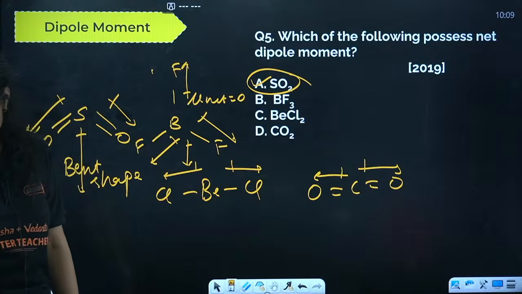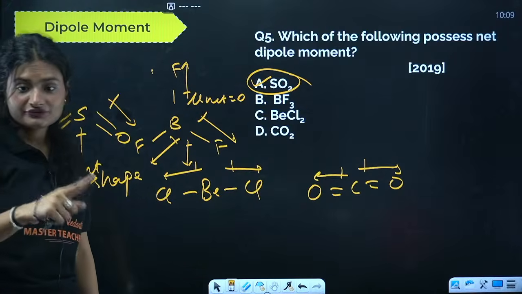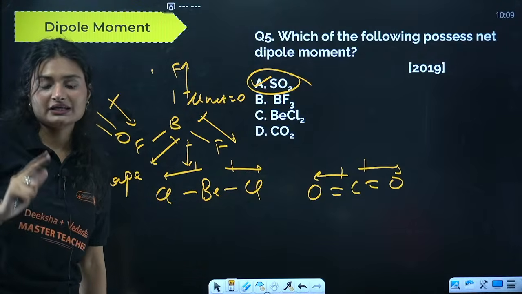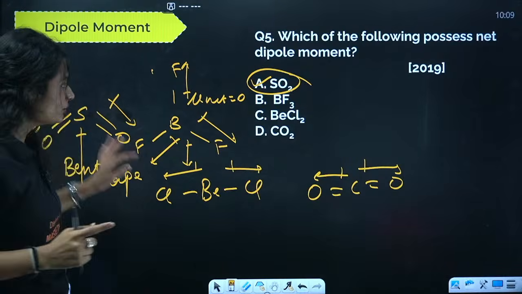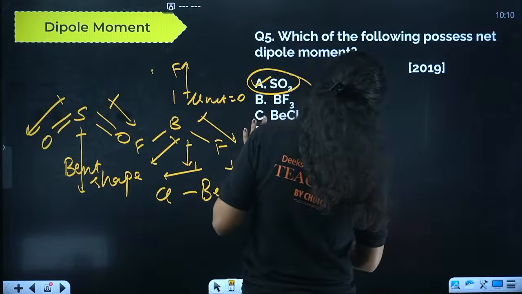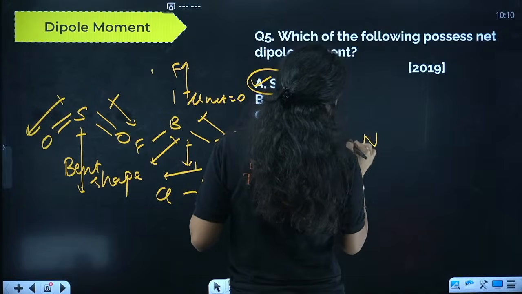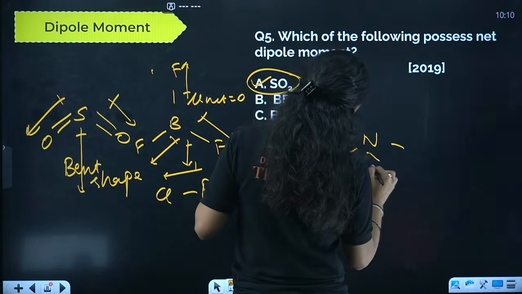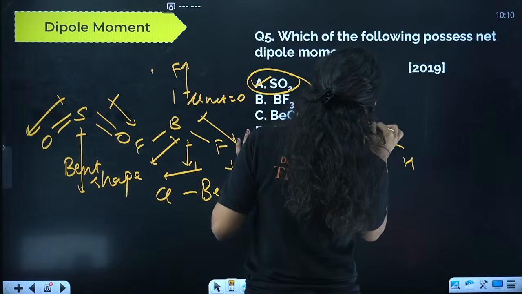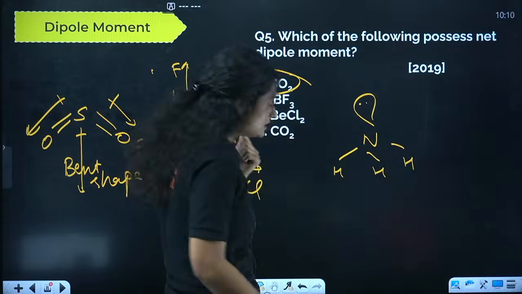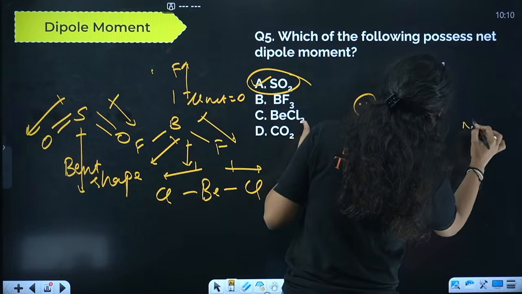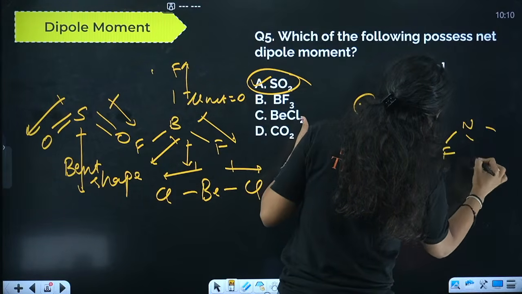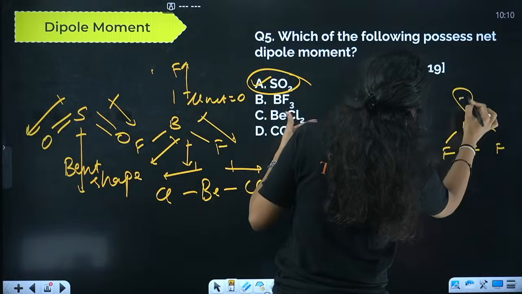In NH3 and NF3, NH3 has more dipole moment. Both have the same shape, trigonal pyramidal, with one lone pair.